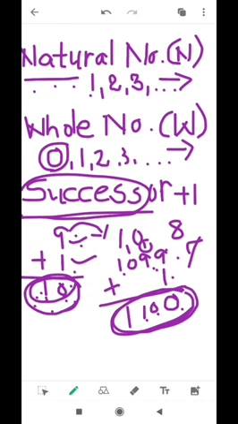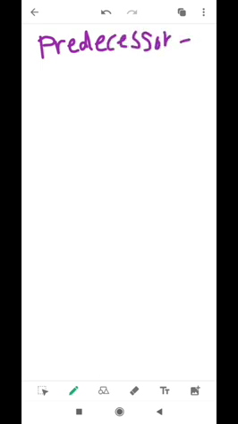Successor means in the given number you are going to add 1. Then let's move to next topic, that is predecessor. So predecessor will be opposite of that. Predecessor means you are going to subtract 1 from the given number.